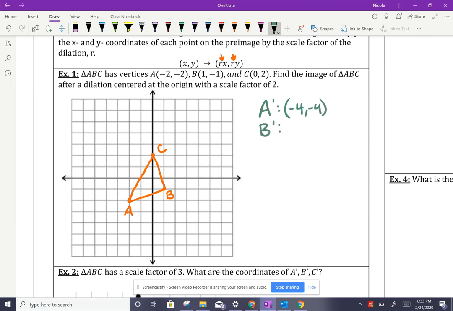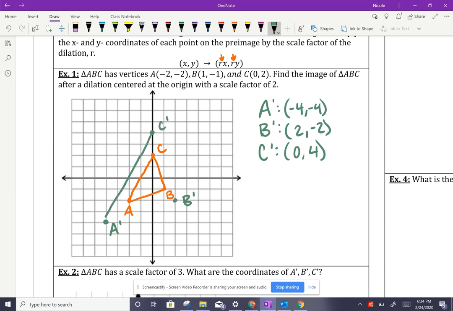B prime is going to be 1 times 2 is 2, -1 times 2 is -2, and C prime is going to be 0 times 2 is 0, and 2 times 2 is 4. So I'm going to look for -4, -4 for A prime, B prime at 2, -2, and C prime at 0, 4.